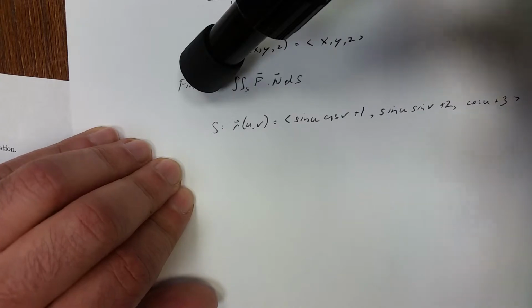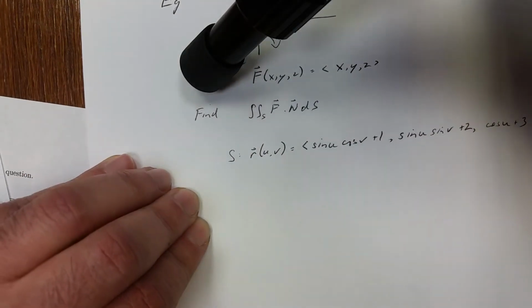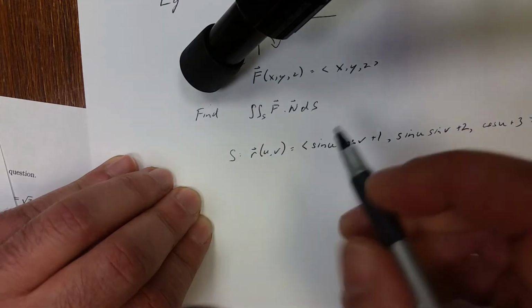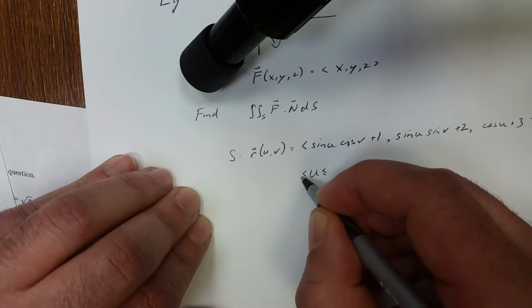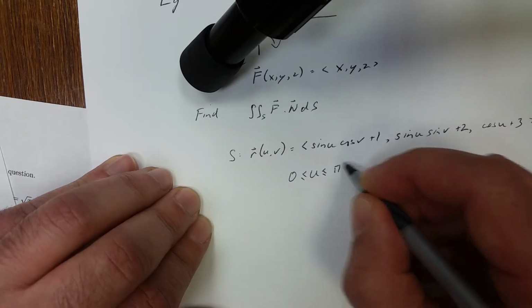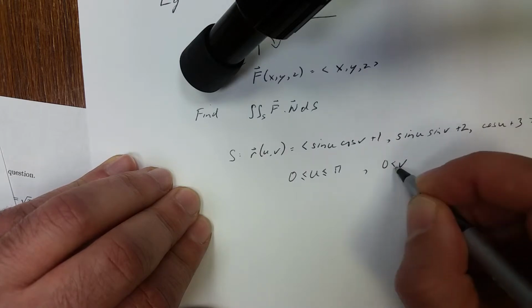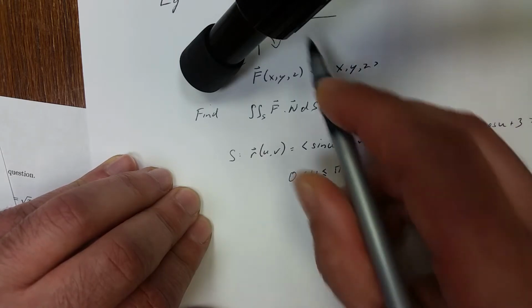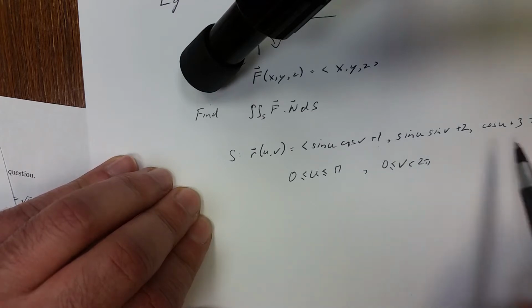And if u runs between 0 and pi, and v runs between 0 and 2 pi, we get that sphere that I described earlier. The sphere centered at 1, 2, 3.